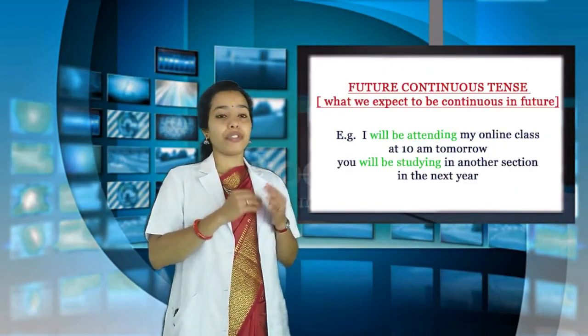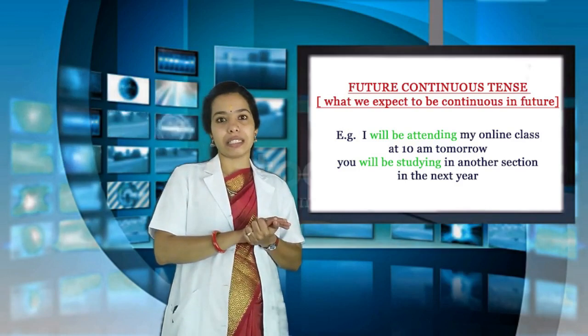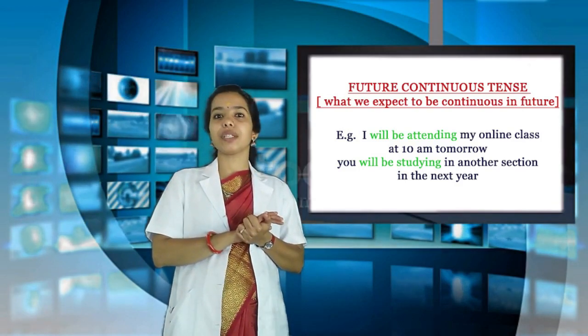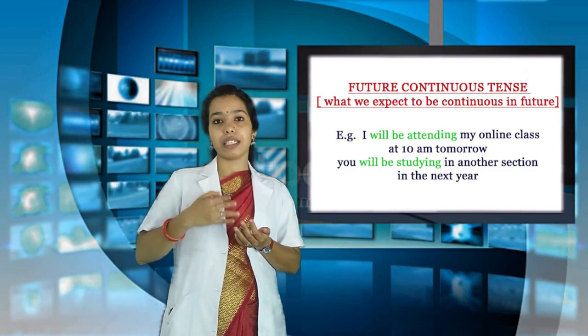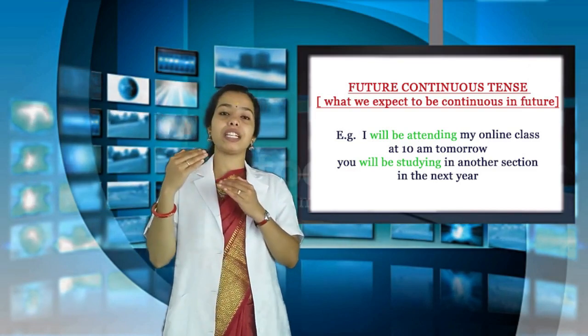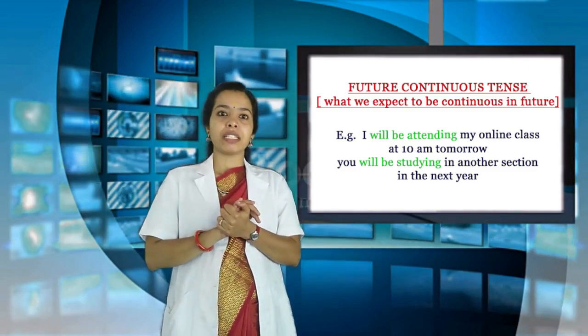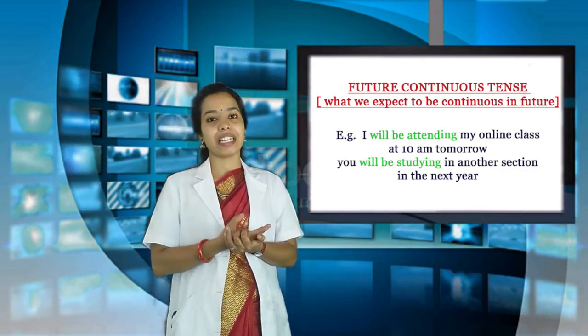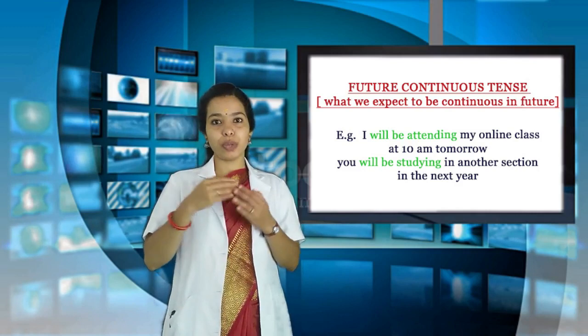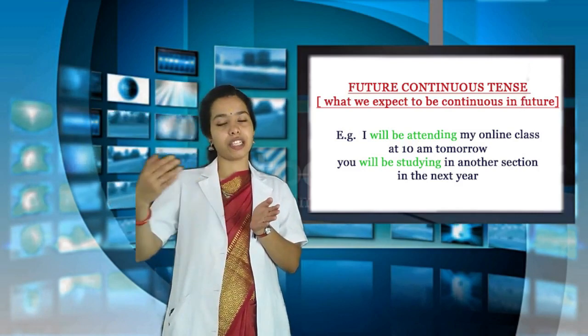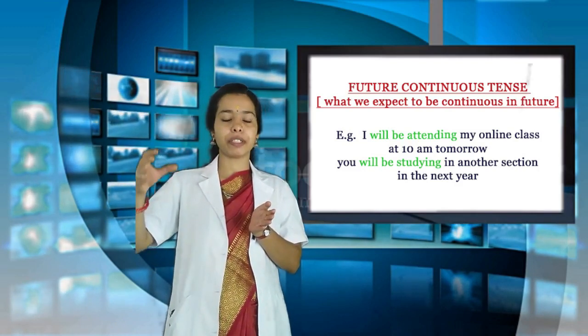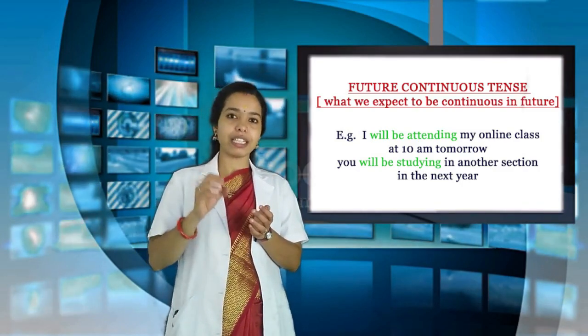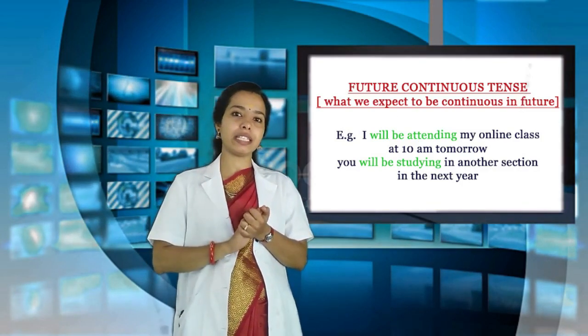And then future continuous tense. In future continuous tense, we expect that an action will be continuous in the future. Just like, I will be attending my online classes at 10 a.m. tomorrow. So you expect that the action will be continuous in a particular future time. Like that, a future time will be mentioned in the sentence.